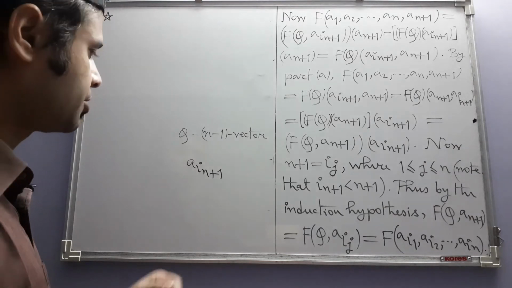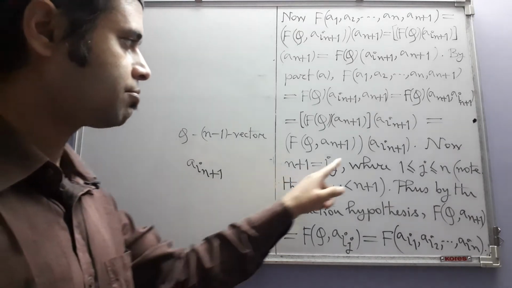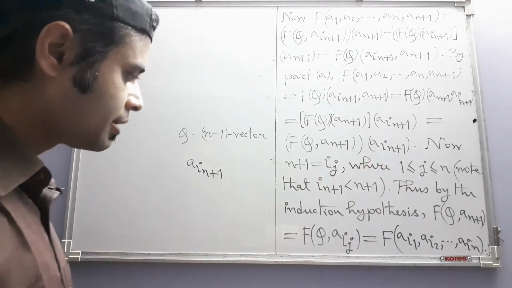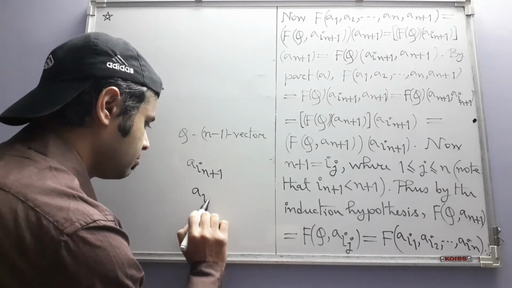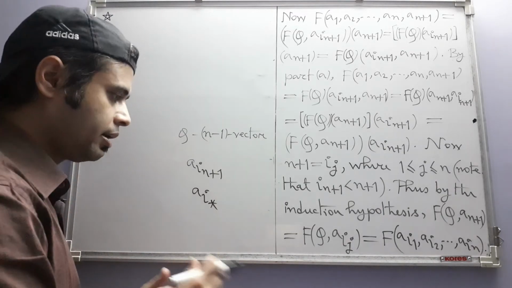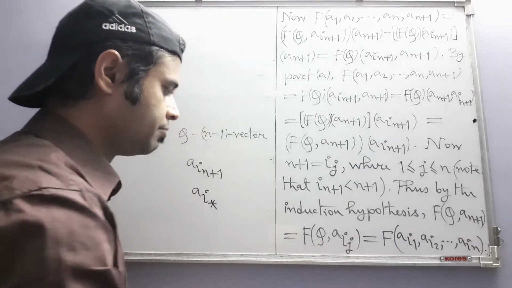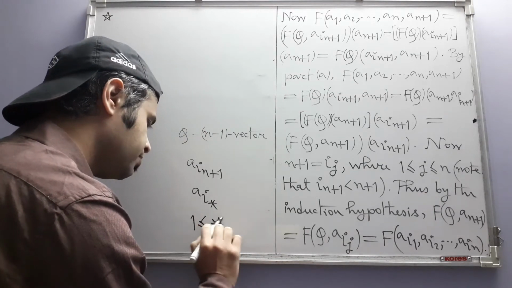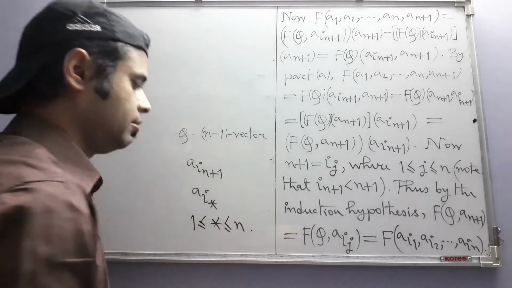No, that is not possible, because A_{i_{n+1}} has already gone outside. So whatever A_{i_*} we have in this n tuple, that is for star lying between 1 and n.